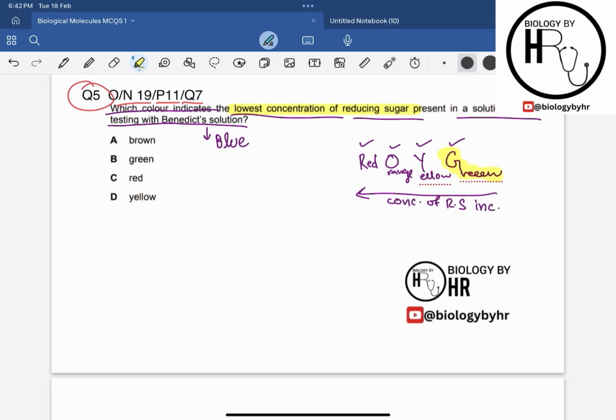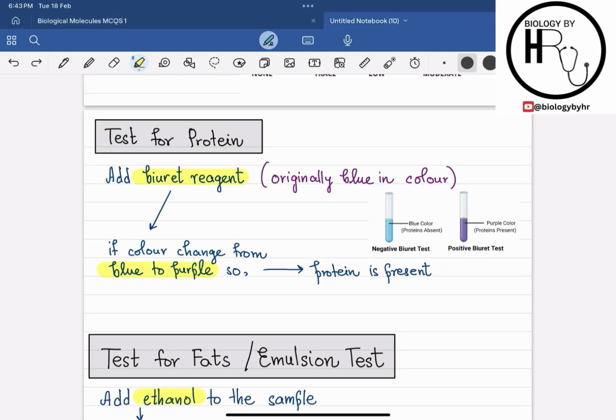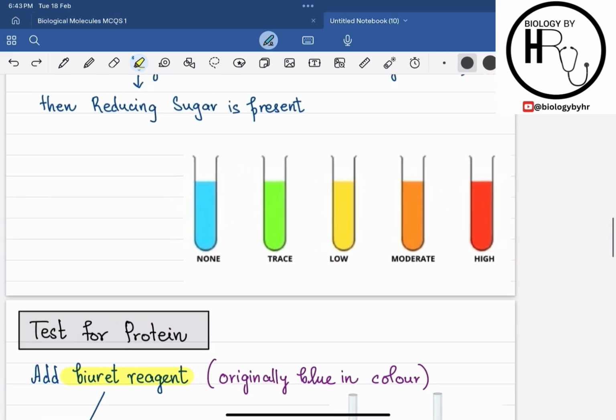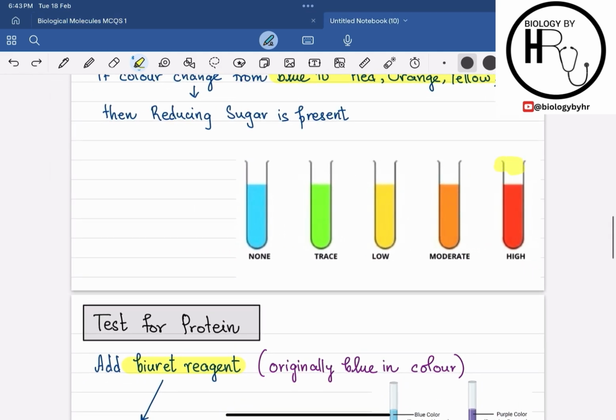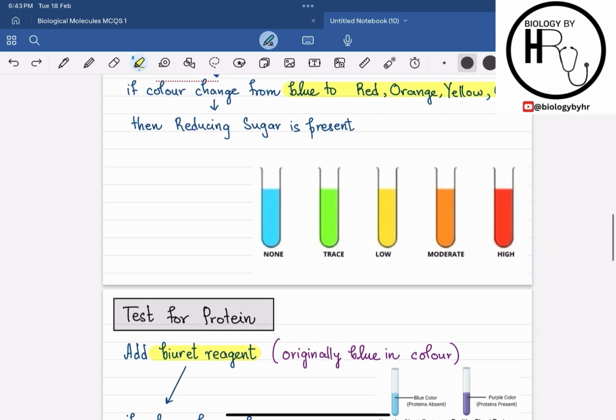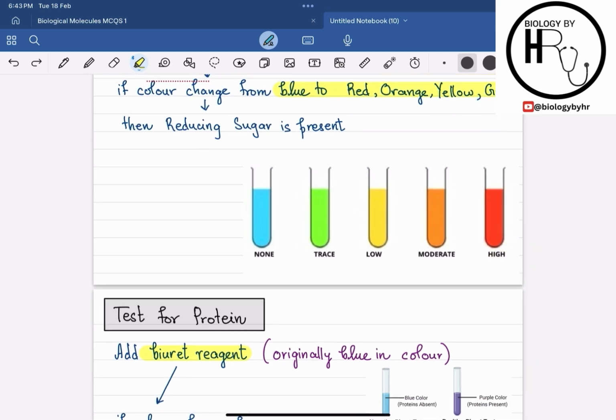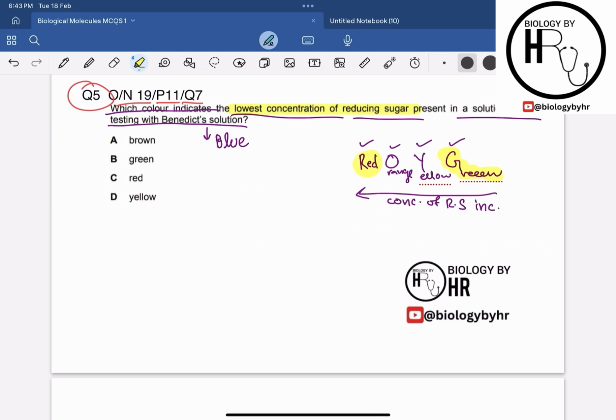Green indicates the lowest concentration, the trace quantities of the reducing sugar, and red indicates the highest concentration, as we discussed in this test as well. So the correct answer for this MCQ must be option B, which is green.